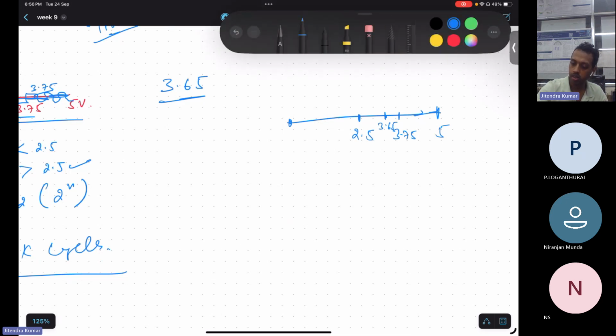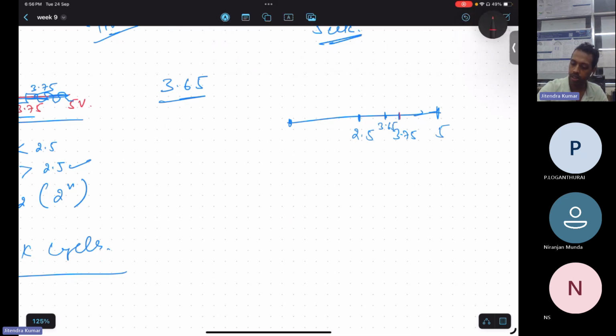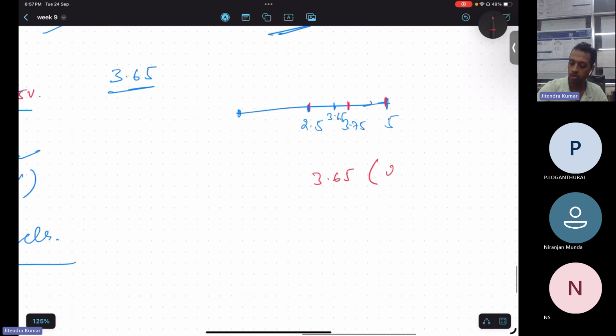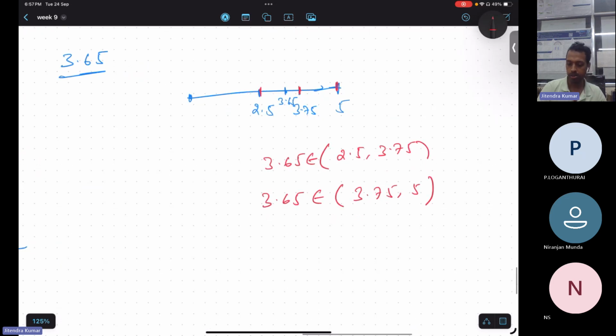So it will check the conditions, whether 3.65 lies in the range of 2.5 to 3.75 or in the range of 3.75 to 5. Which condition is true here? The first one. So it will select the first one.